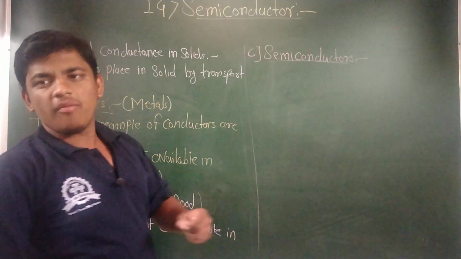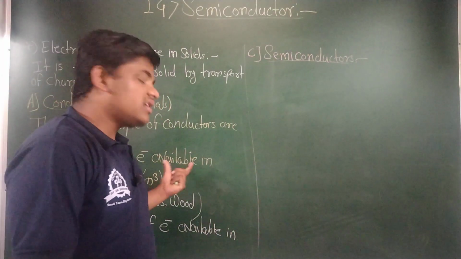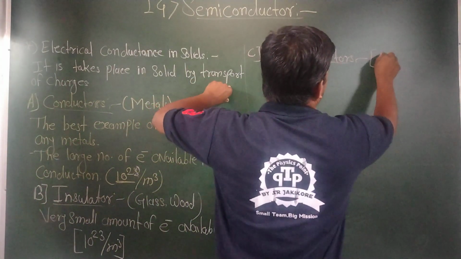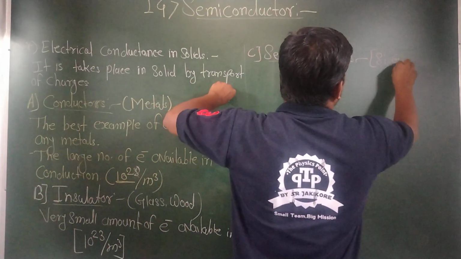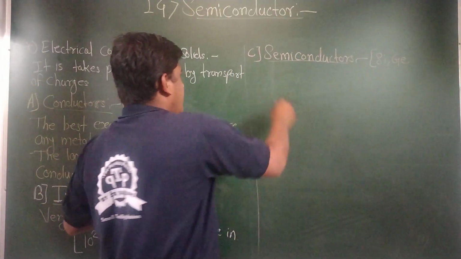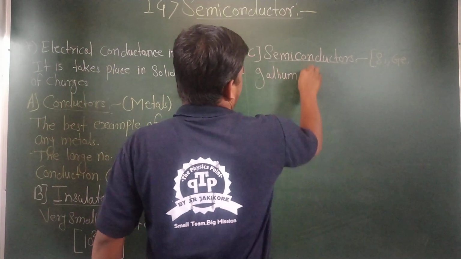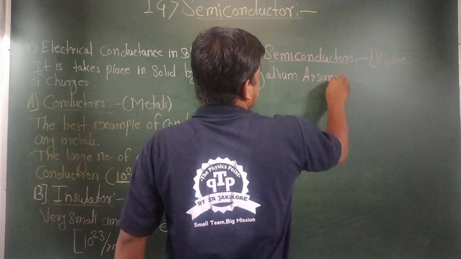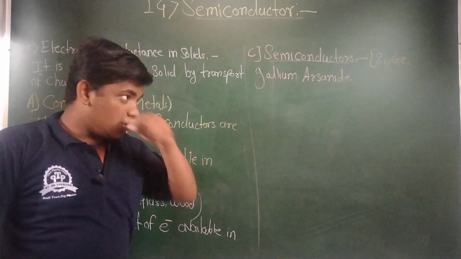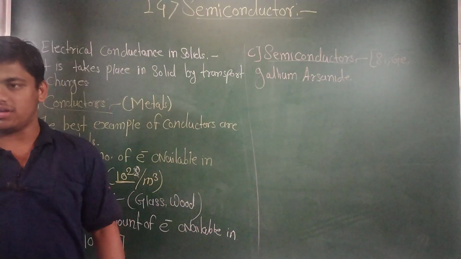The conductivity of semiconductors is in between conductors and insulators. Examples are silicon, germanium, gallium arsenide, and some other examples that are also used, such as gallium nitride. These are examples of semiconductors.